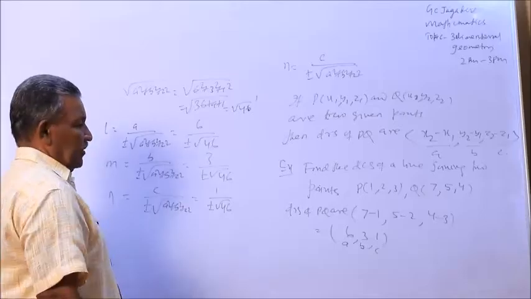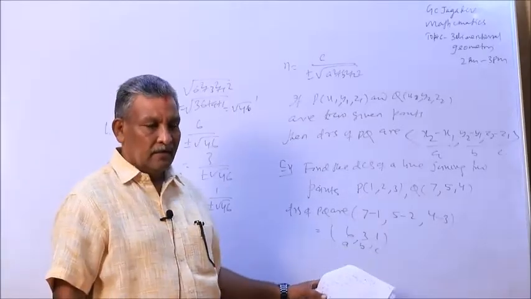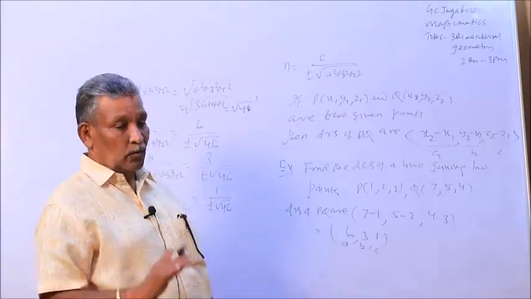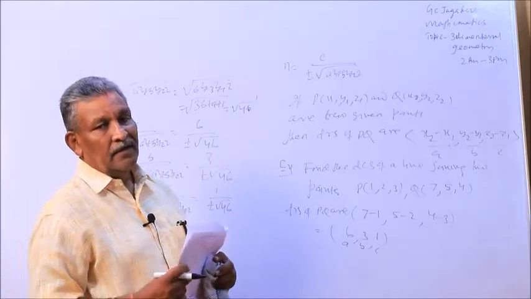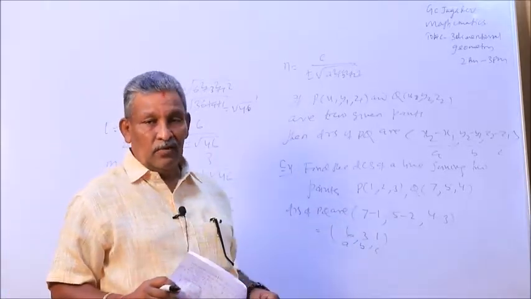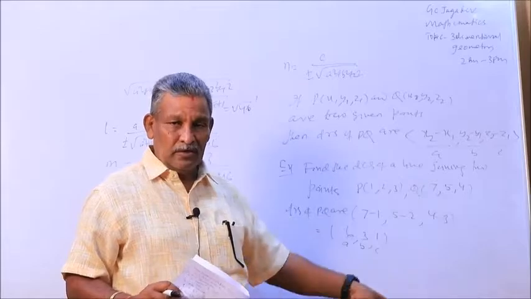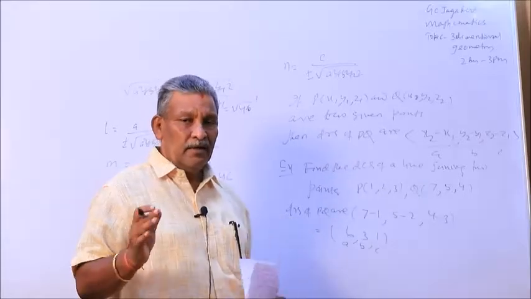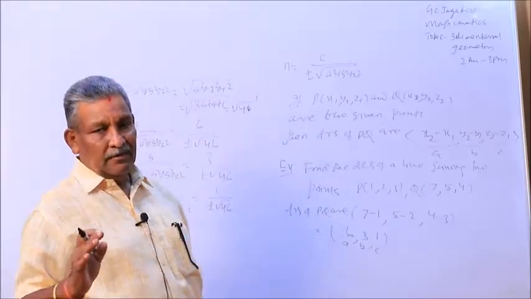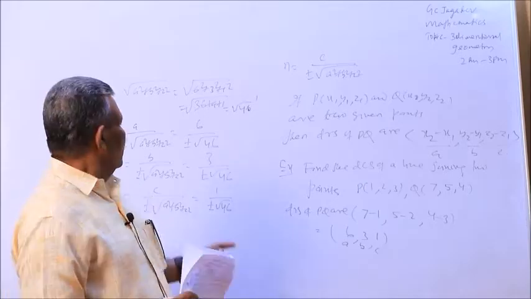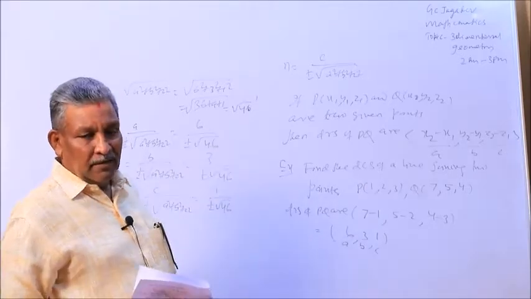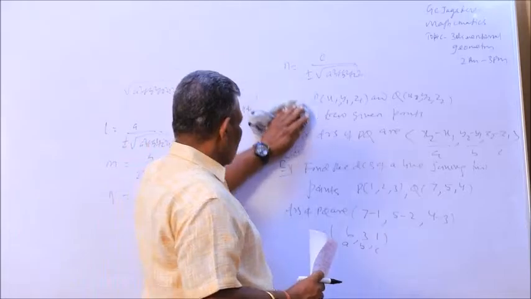So like this you can find the DCs of a line when coordinates of 2 points are given. From coordinates you can find DRs of that line by using the formula x2 minus x1, y2 minus y1, z2 minus z1. That means we have reached the point A, B, C. After finding A, B, C, you can find L, M, N by using the formula A by root over A square plus B square plus C square and so on.